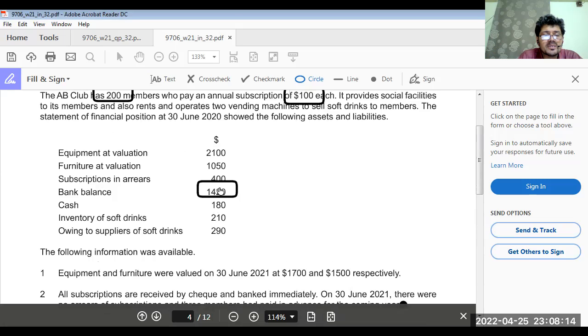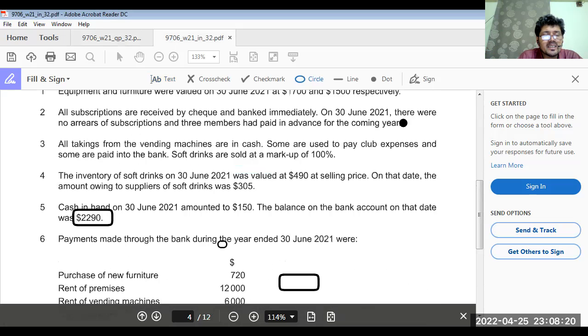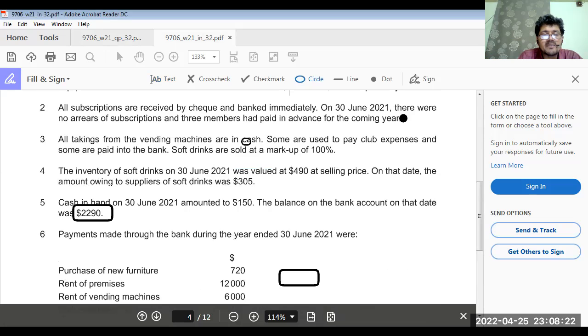Allow me to delete this 180. Okay, and vending machine in cash. That was 25,160. Okay.